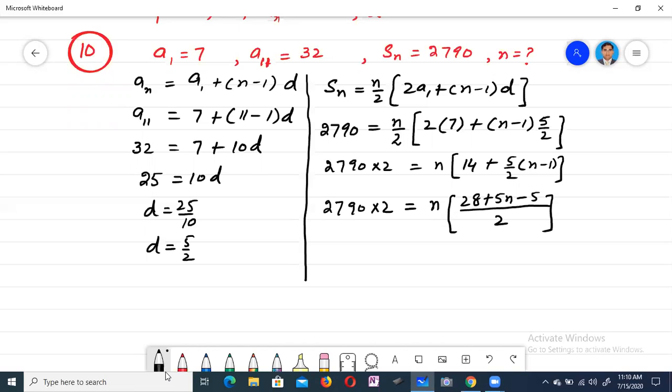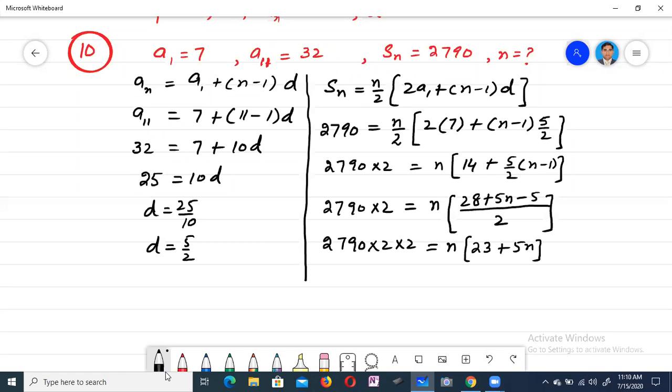Now this 2 is whole divided by 2, so we can shift it to this side. Then this will be 2790 into 2 and again into 2. This n we will multiply inside. Inside, 28 minus 5 is 23, plus 5n.